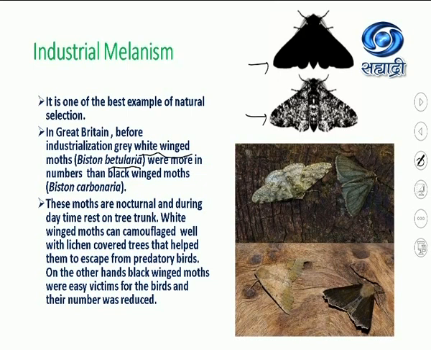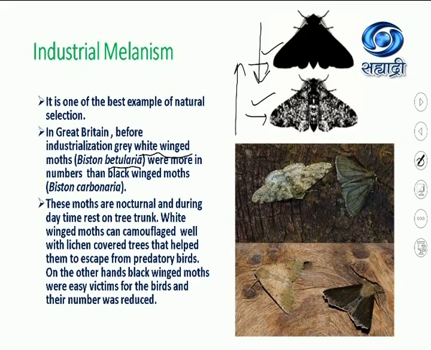So when the birds came to eat these moths, they could not see Biston betularia, but they could easily spot the black colored Biston carbonaria. So they started eating up the Biston carbonaria, and obviously the population of Biston carbonaria decreased and the population of Biston betularia increased before industrialization, when there was no pollution, a lot of lichen growing on the walls or the trees.